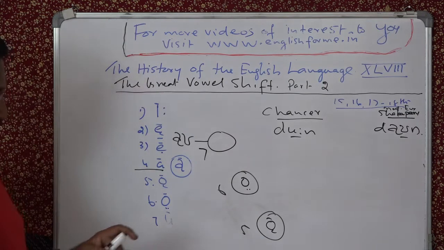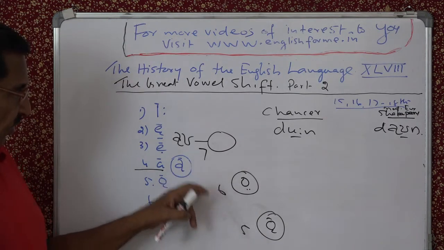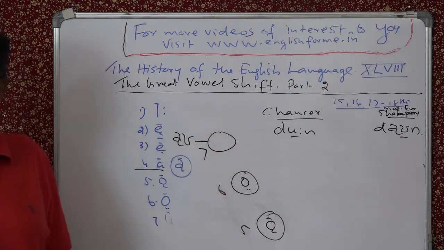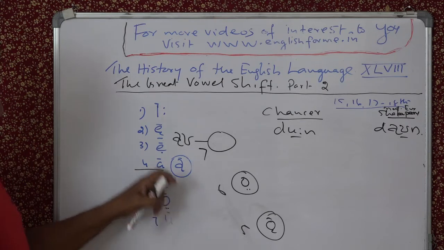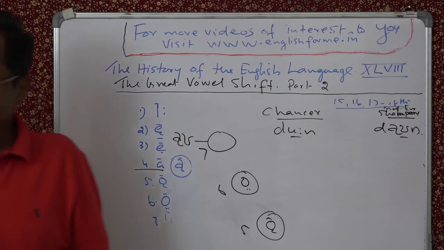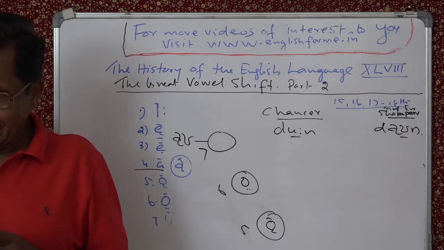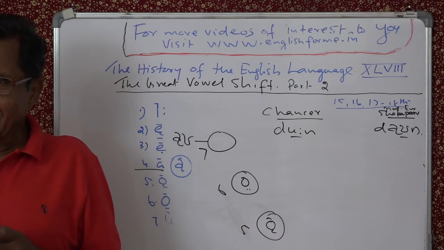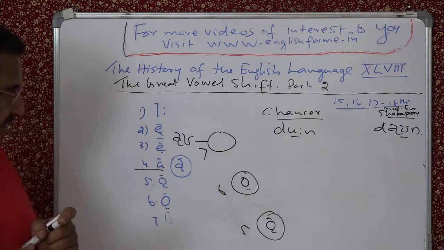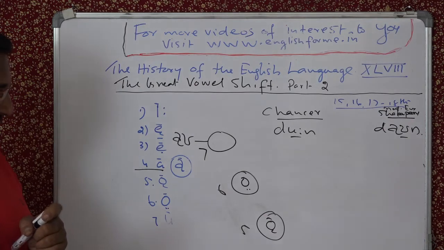And now what happened? Here you don't have 7. It is not here, because it has become what? Diphthong. So the position of the 7 will be taken by 6. Isn't it? Yes.